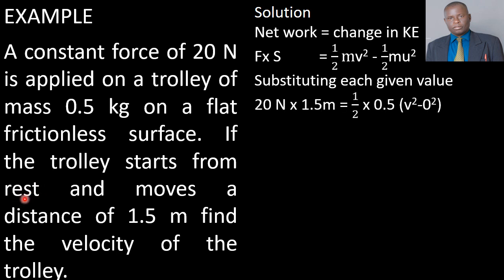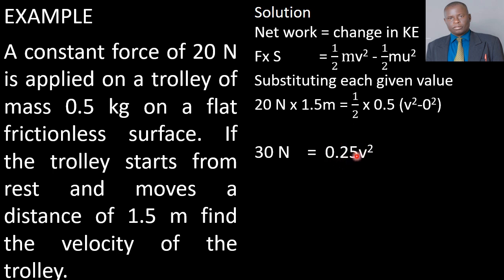All right, so substituting, we have this equation here where mass is 0.5. All we have to do is solve the equation for v, so you make v the subject. You have 20 newtons multiplied by 1.5 meters, which is 30 newtons. Multiply this again by half: half of 0.5 gives you 0.25 v squared.